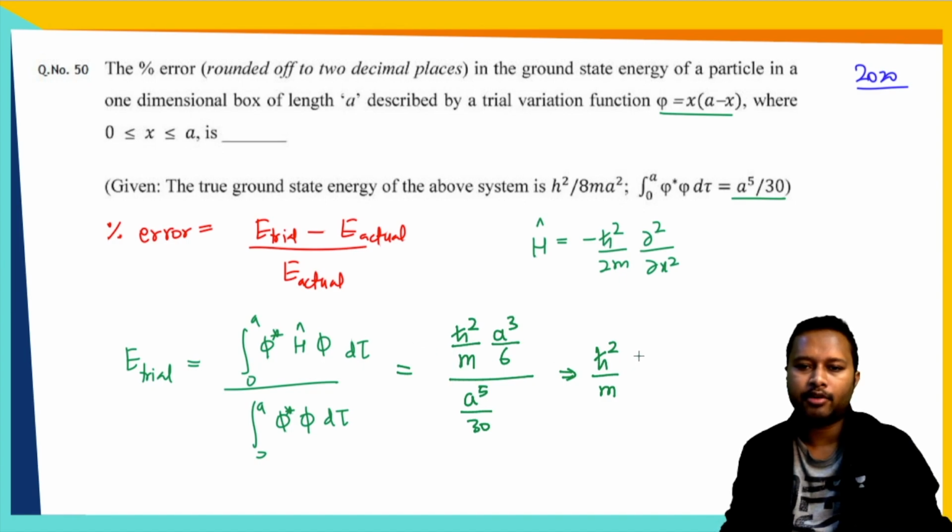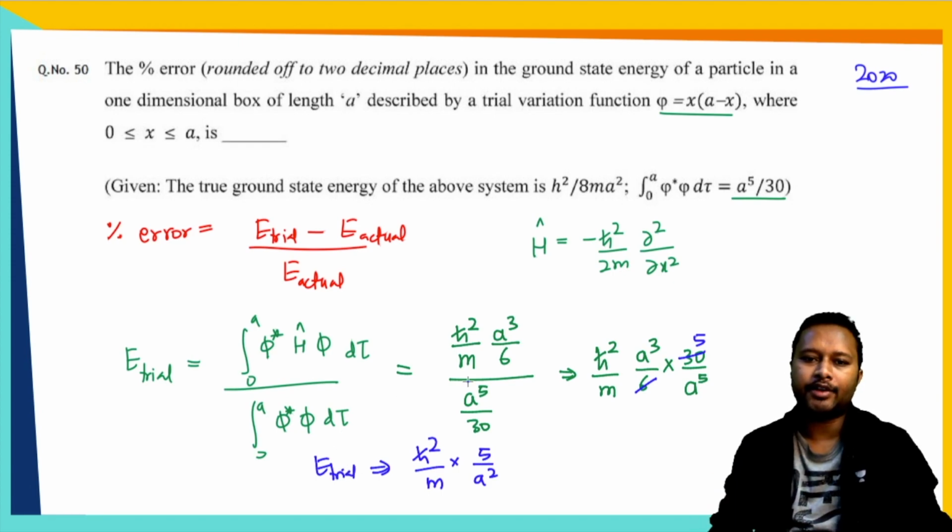Alright, so this particular part will become a cube upon 6 multiplied by 30 upon a to the power 5. Solve this, and this is going to make it h cross square upon m, 5 times, so this will be 5 upon a square. Okay, so this is the value of my E trial.